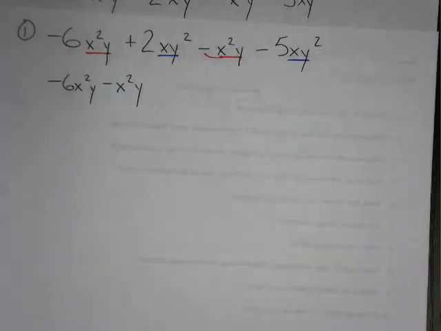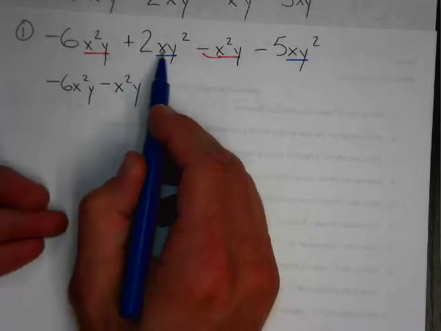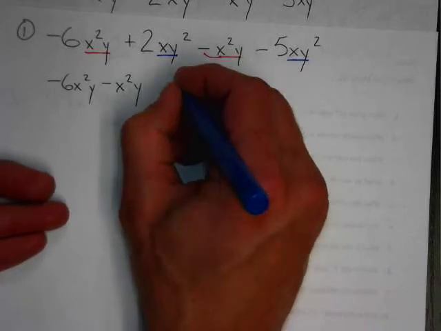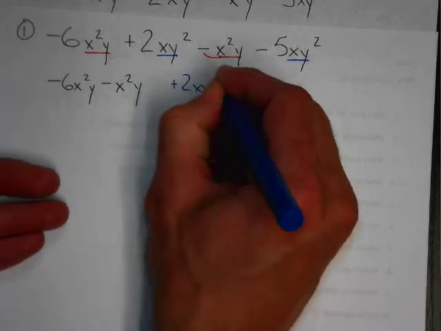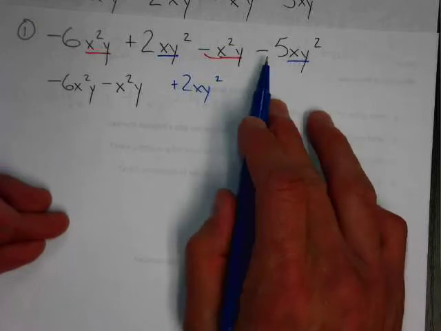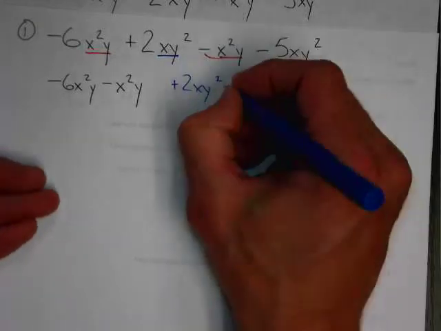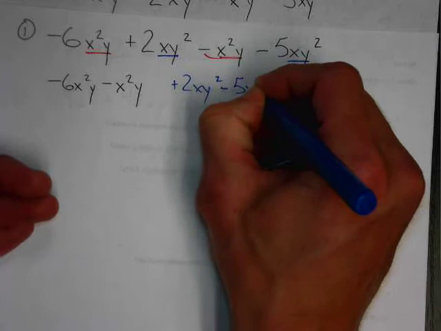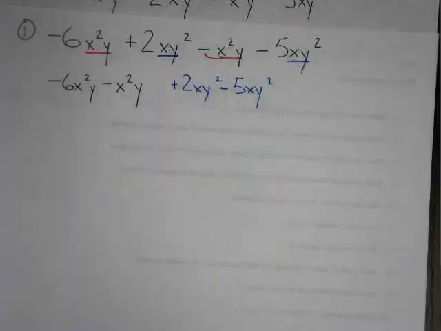And then come our 2 xy squareds. So this is 2 xy squareds, but there's a plus there, right? So plus 2 xy squareds. And then this looks like 5 xy squared, but the minus sign belongs to the 5. So we're going to rewrite that using that. Now you don't have to show this work if you understand what's happening, but it's healthy to know.